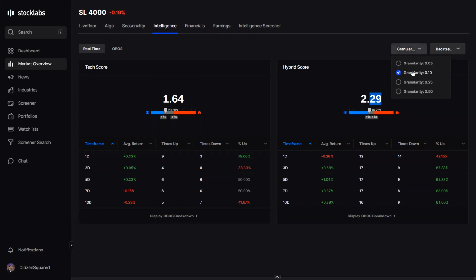If I ratchet this down to 1/50, now it's looking for 2.24 to 2.34, and you can see there's a different number of data points because we narrowed the range of scores that Stocklabs will look at for the backtest.